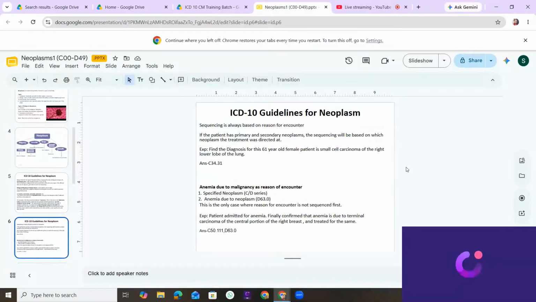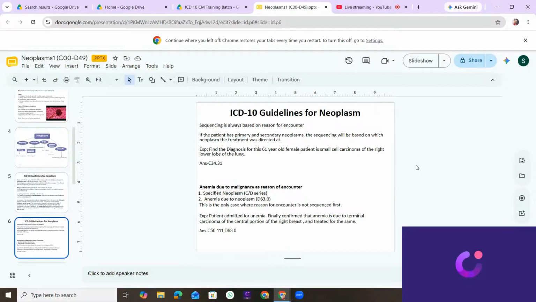Reason for encounter sequencing depends on whether the patient has a primary and secondary neoplasm. If the patient has a primary and secondary neoplasm, the sequencing will be based on which neoplasm the treatment was directed at.